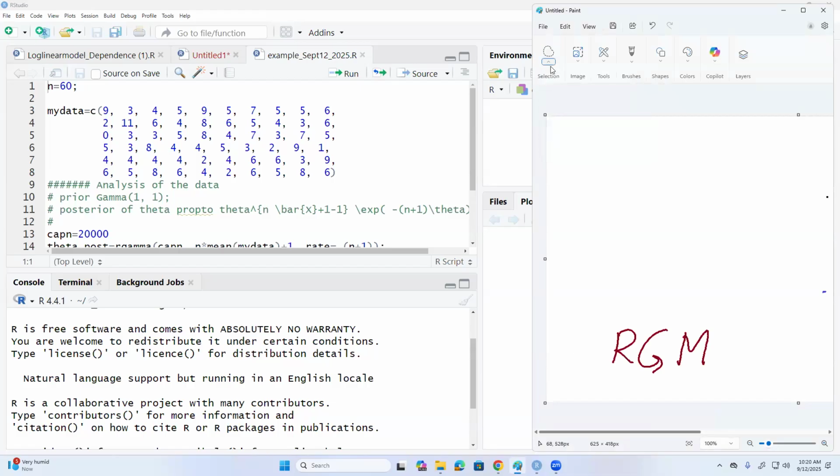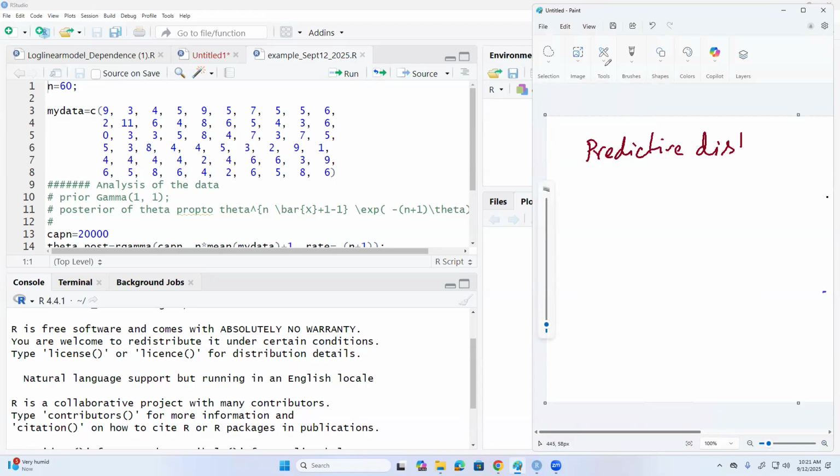In today's lecture, we first will talk about predictive distribution through an example, and we'll talk about statistical inference of mean and variance.